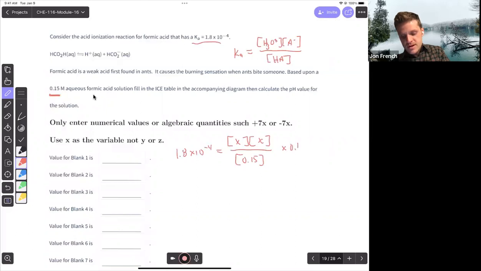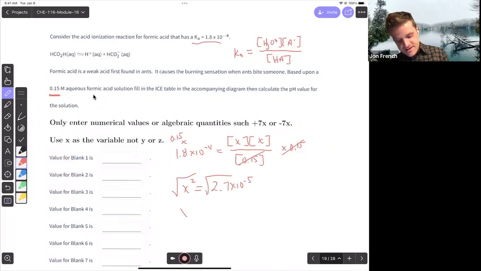I'm going to multiply both sides by 0.15. So that cancels out. I get X squared equals 1.8 times 10 to the minus 4 times 0.15. I get 2.7 times 10 to the minus 5.